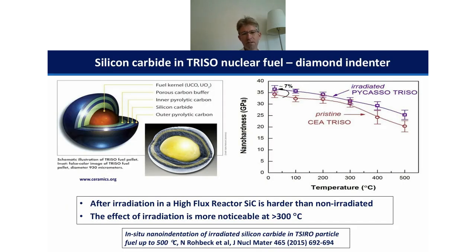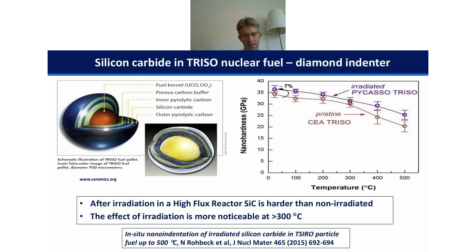We can use diamond when we have relatively little choice. In this case, this is on tristructural isotropic nuclear fuel, and essentially the silicon carbide in this multi-layer pellet, it's very important to understand how its mechanical properties change with ion irradiation in, for example, a high flux reactor.